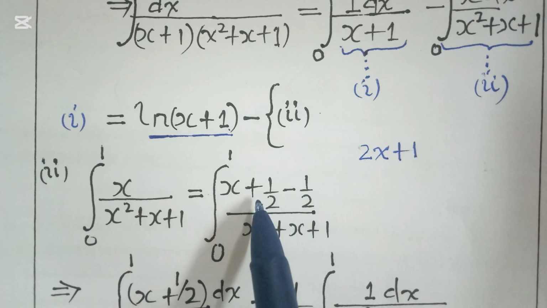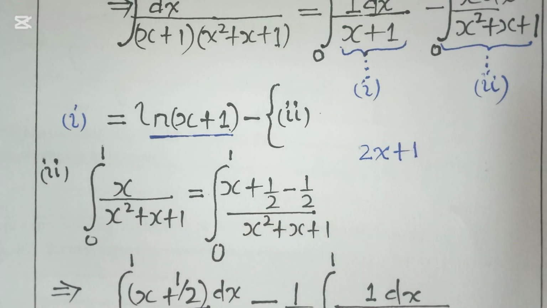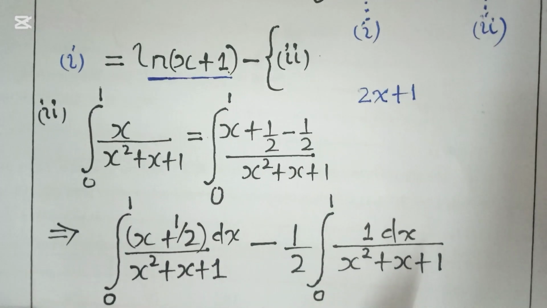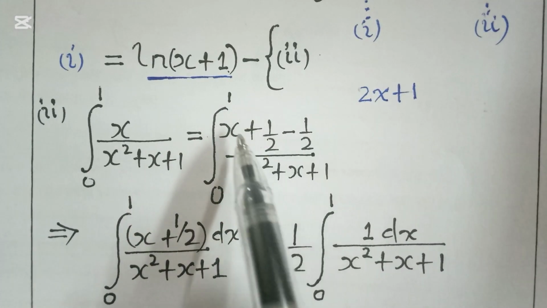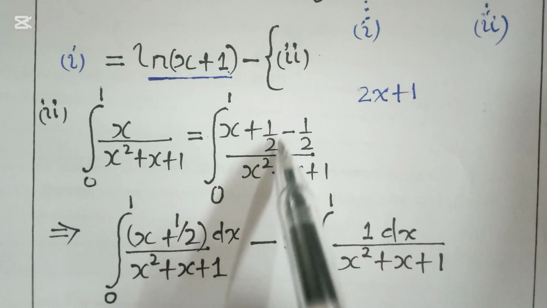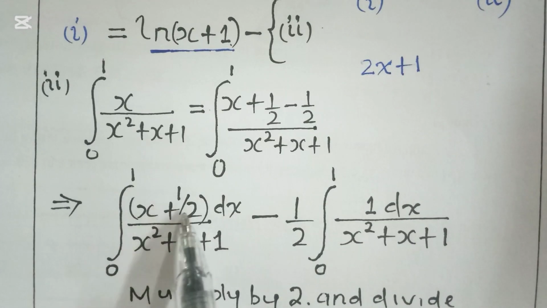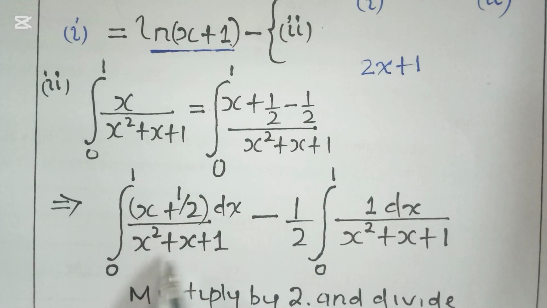But first of all we do plus a half minus a half, so we've not changed anything. After that, we separate the two expressions, whereby the first one goes up to that point, that is, (x + a half) dx under the same denominator.